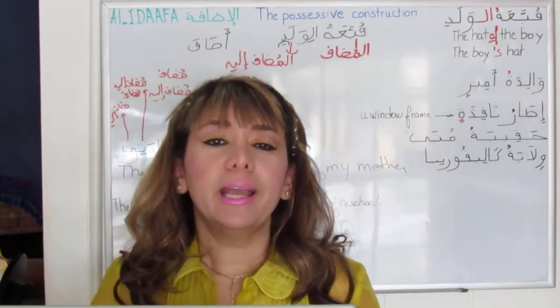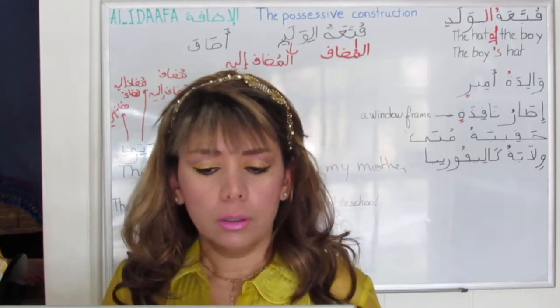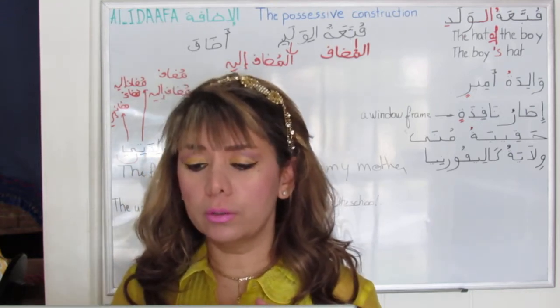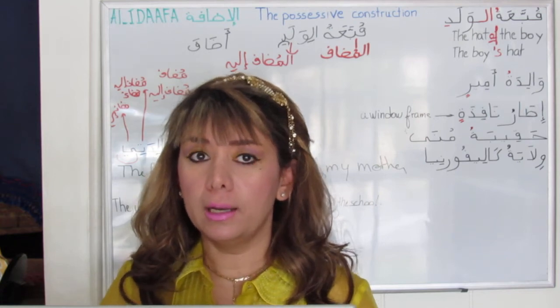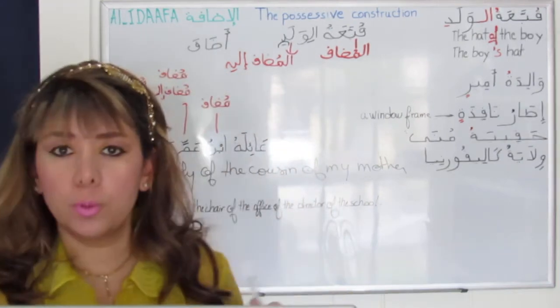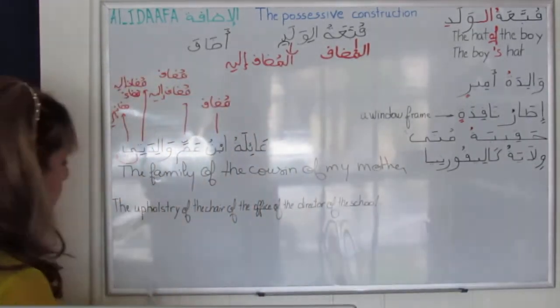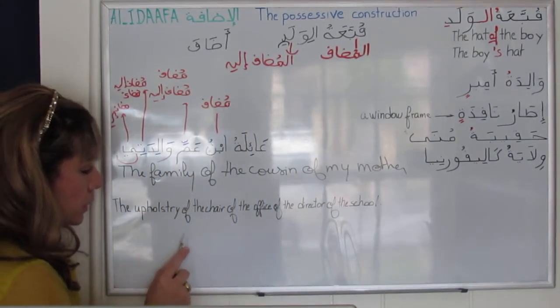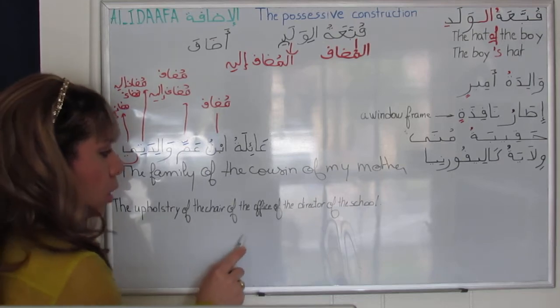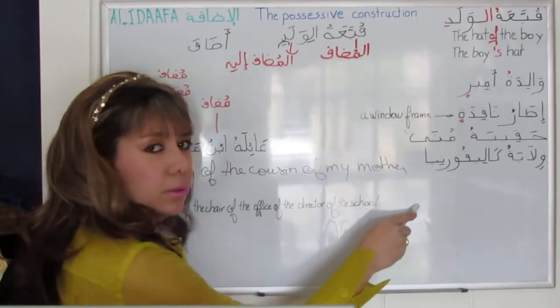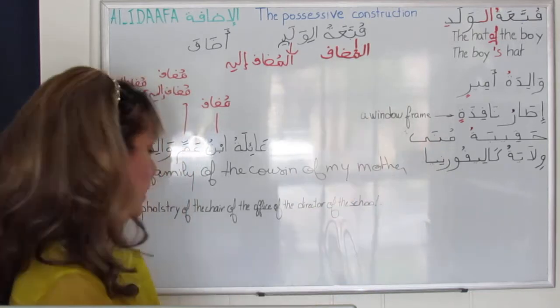So you can add any number of idafa back to back, and only the last word will carry al if it's present, because we don't break the idafa. For example, the upholstery of the chair of the office of the director of the school, and you can keep going.